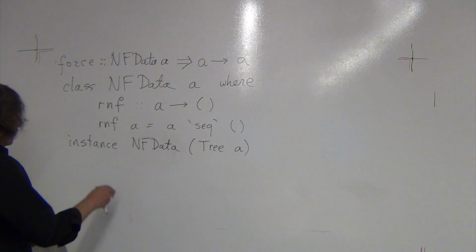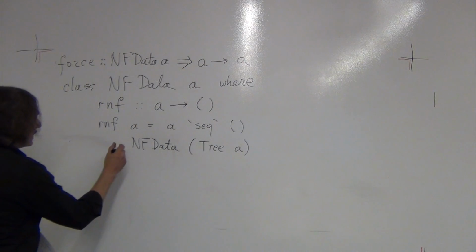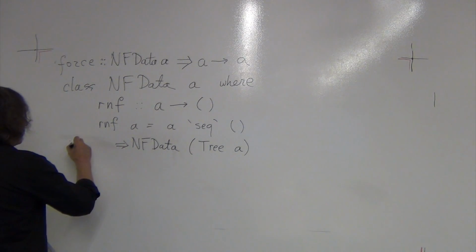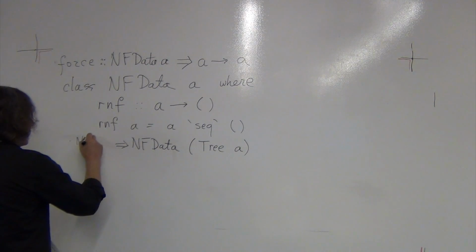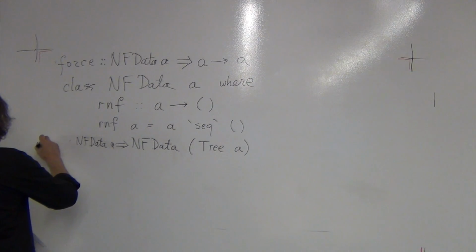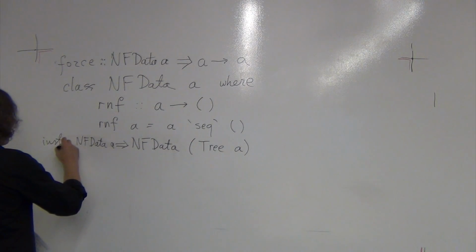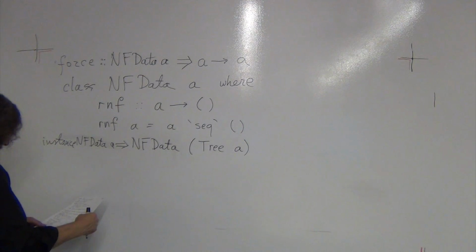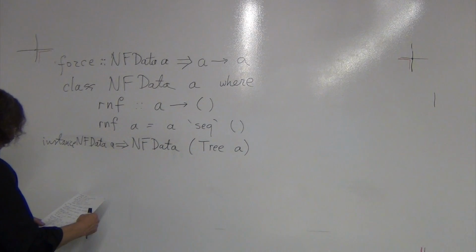So in fact, you put this here as a precondition: NF data A. So, instance NF data A. Do I put parentheses? No.